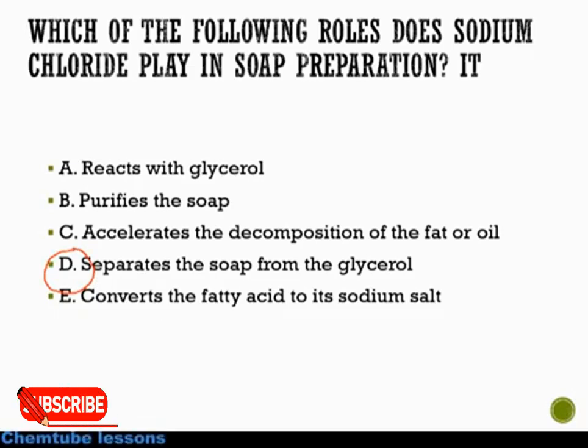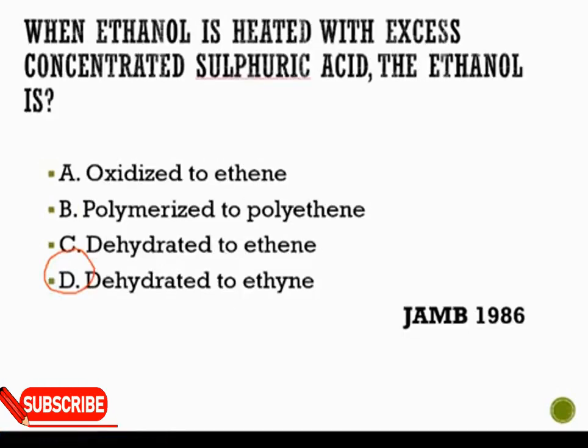The sodium chloride makes the soap precipitate more, makes it insoluble. When it is insoluble, you can easily take out your soap from the glycerol. So I hope that is clear. All right, let's look at this question.